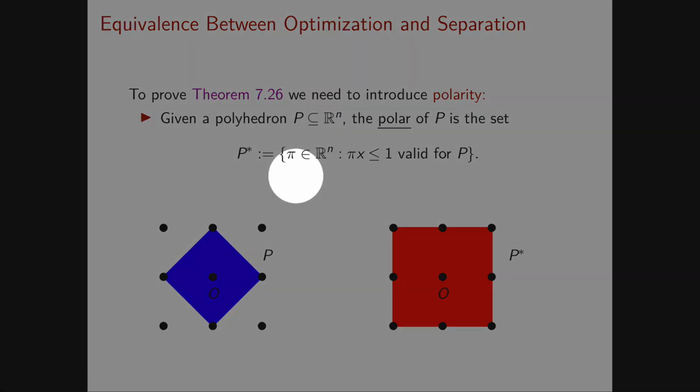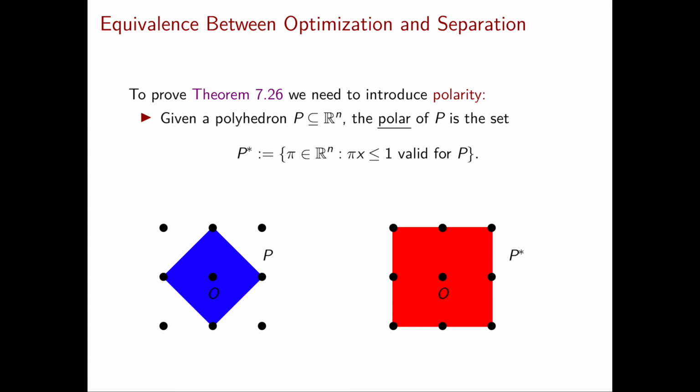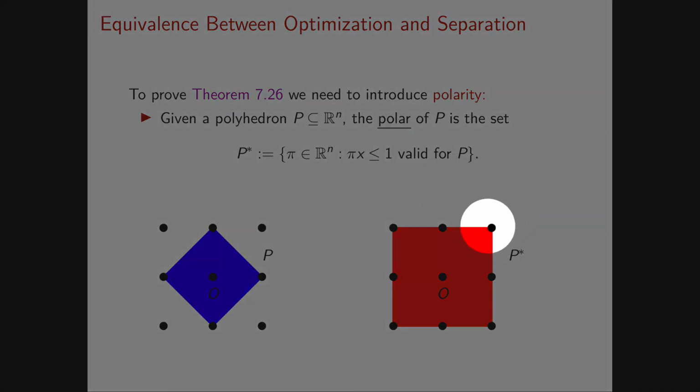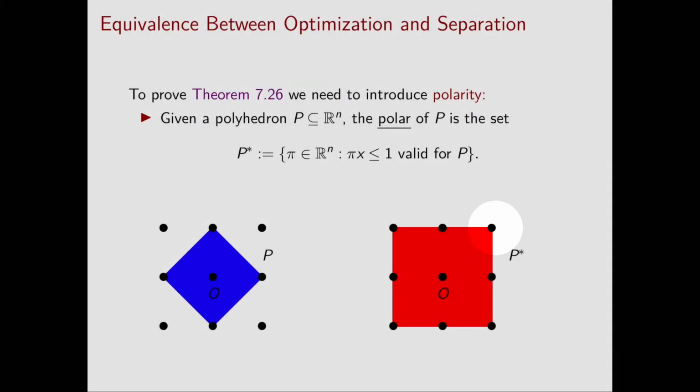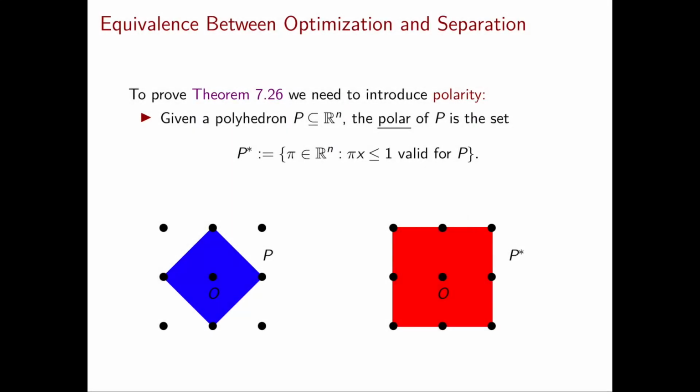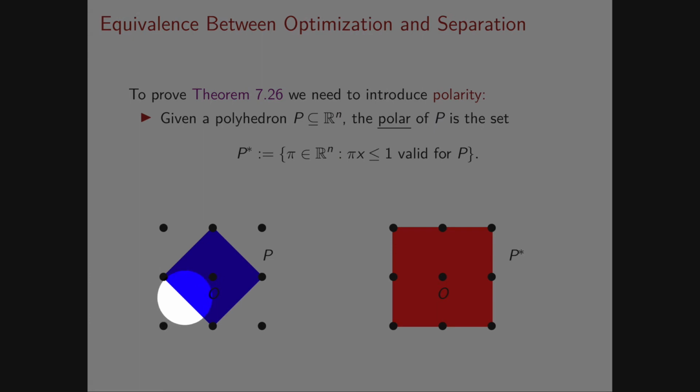For example, let's look at the facet defining inequalities defining P. We have x1 plus x2 less than or equal to 1, and this inequality has a left-hand side pi which is 1, 1. Therefore, the point 1, 1, which is this guy, is in the polar. Similarly, we have the inequality minus x1 minus x2 less than or equal to 1.